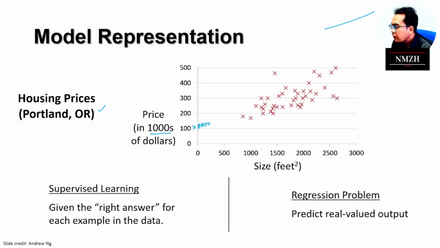The data has been given to us with the feature being feet square. Let's say we assume this as 750. Then the data says that the price for this particular feet square is 180K.